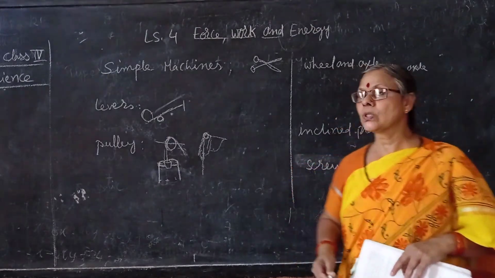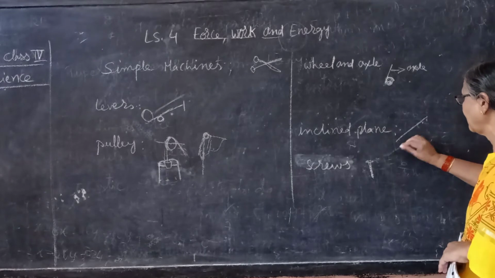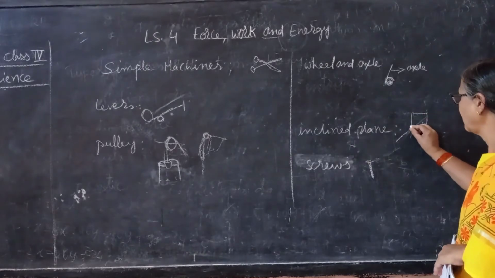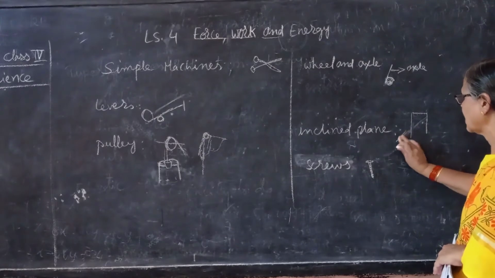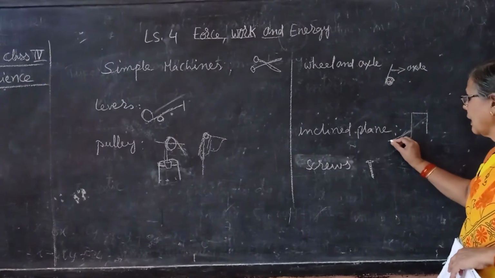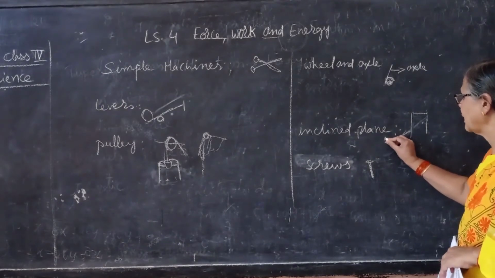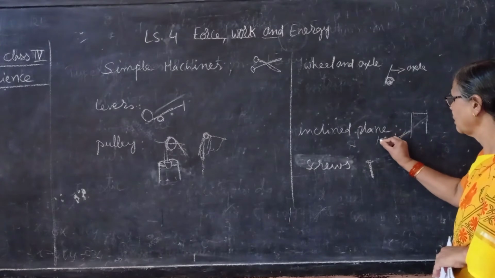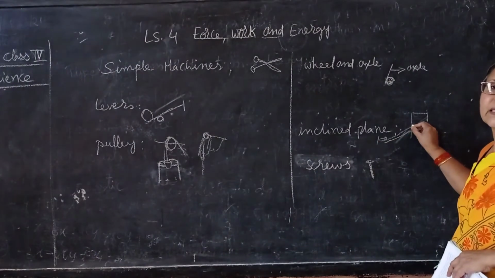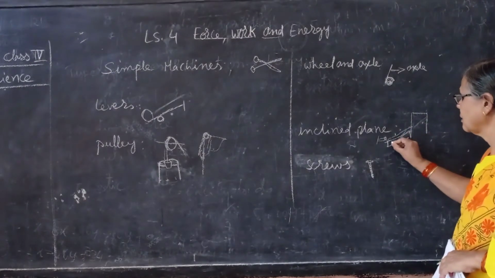No. They use the technique of the inclined plane. Here the truck is there, and if they want to keep a cycle or motorcycle inside the truck, they keep the motorcycle here, and with this they can push it and keep it inside. So this is called the inclined plane.